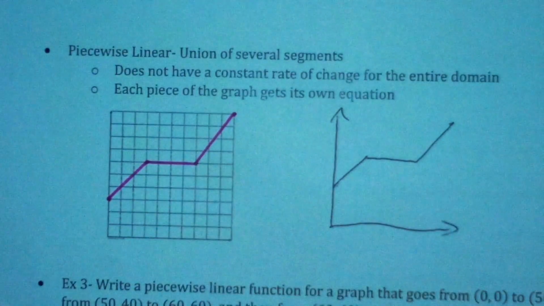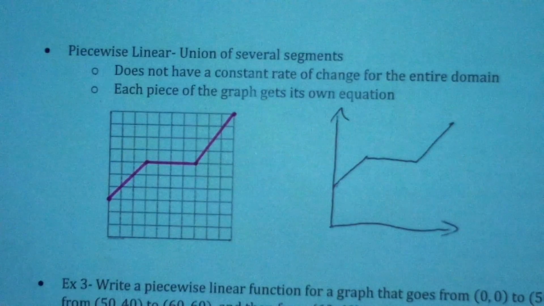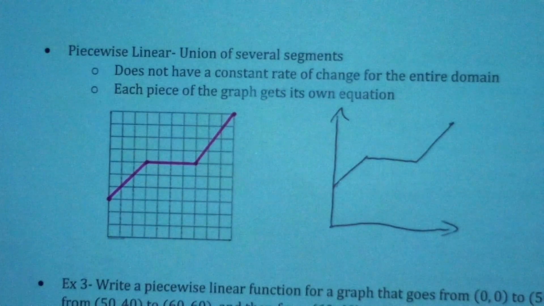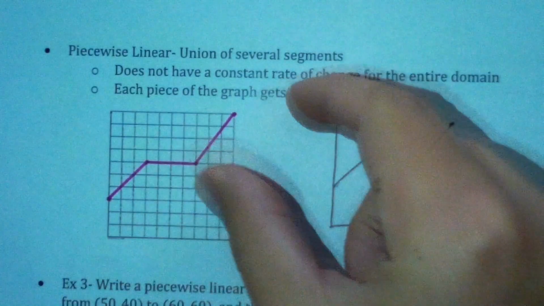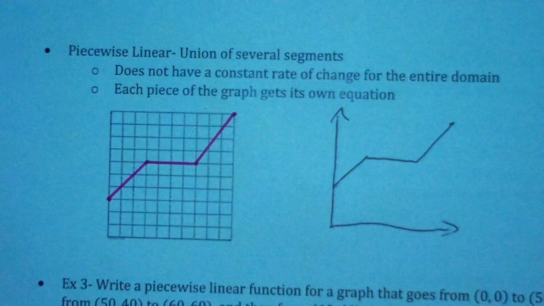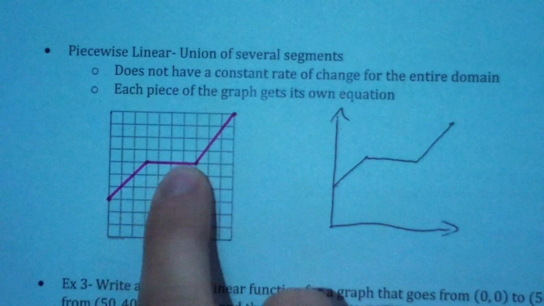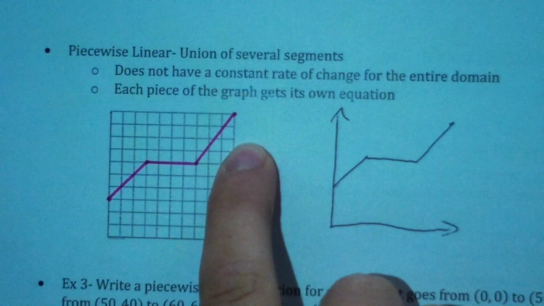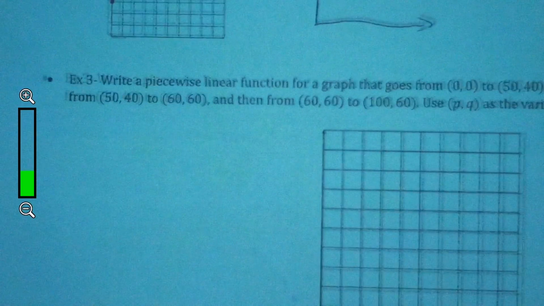And I'm going to connect that with a straight line in that color. Then I'm going to switch to my second color and do my next part of my graph. So 50, 40 to 60, 60. It's going to start at the point that we just left off, 50, 40. And then we're jumping up to 60, 60.